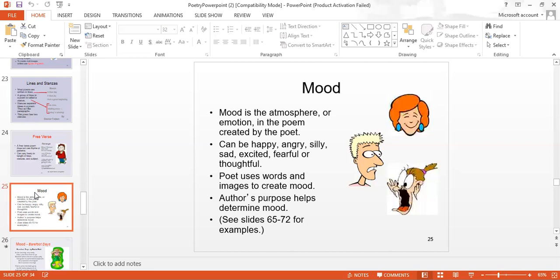And then, poets use words and images to create a mood. The author's purpose helps determine mood, right? Okay, we're going to see examples.